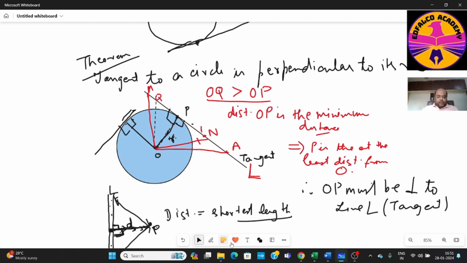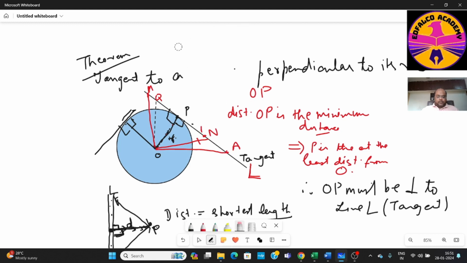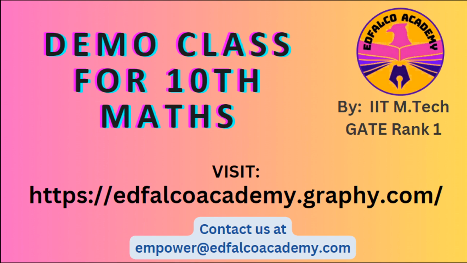So let's move on to the next theorem. Now we have also understood about the tangents, and the possibilities of making tangents.